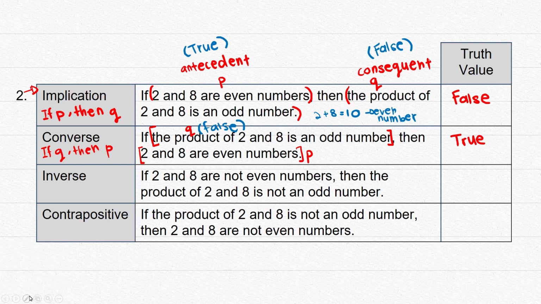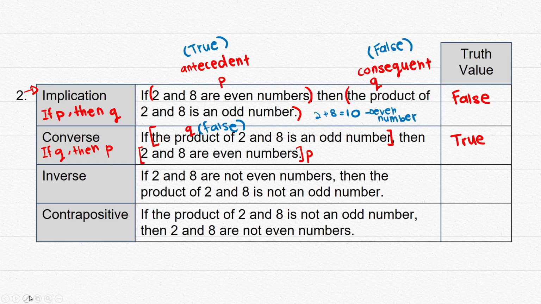Before we continue, 70%. There are only 2 rules. First, you determine which one is the antecedent and which one is the consequent. Then you apply rule number 1 or rule number 2. First we look at the antecedent. If the antecedent is true, then it is rule number 1. If the antecedent is false, then it is rule number 2.